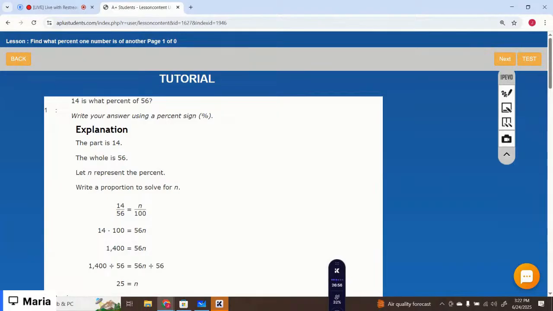So you are given the part. 56 is the whole number, 14 is the part of that whole number. We have to calculate what percent it is, right? So that is 14 over 56 equals n over 100. We need to calculate n. So just do the calculation for n, that equals 25.